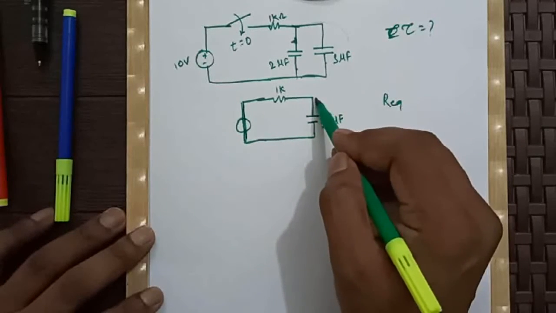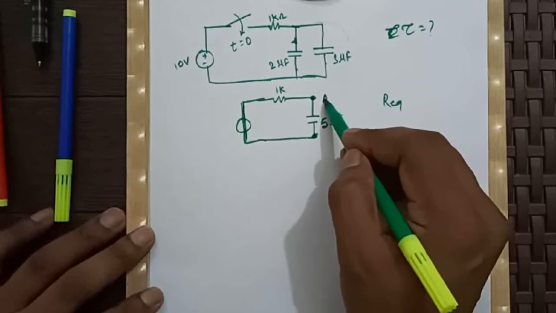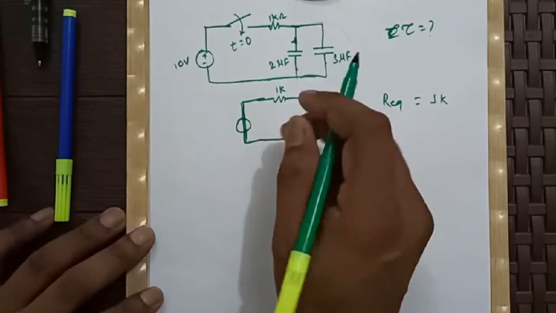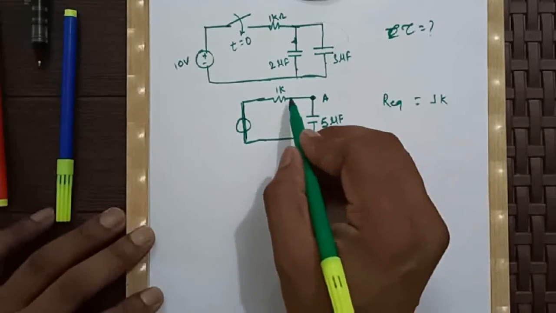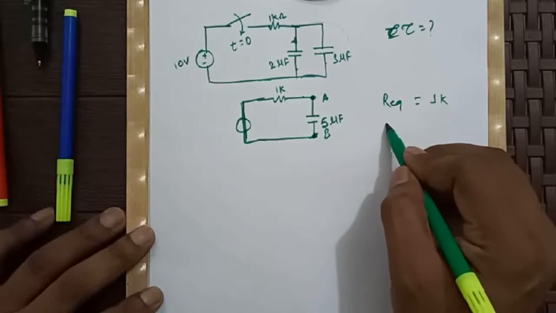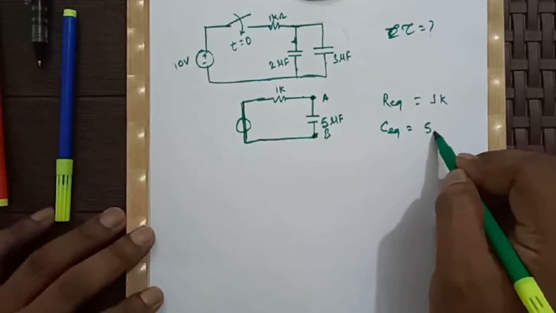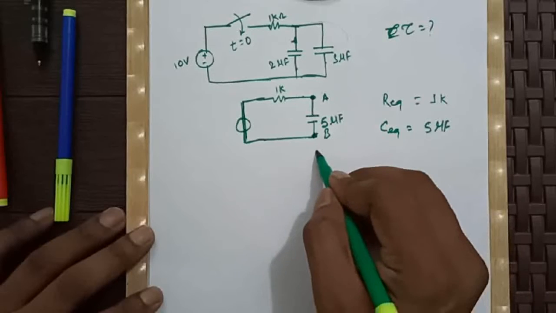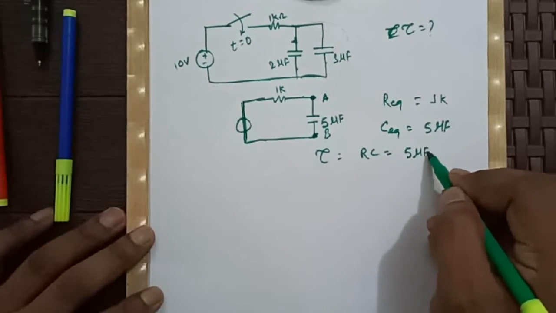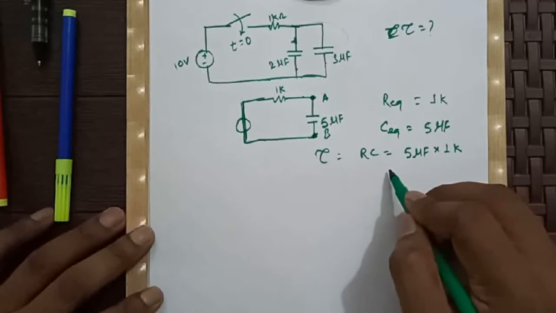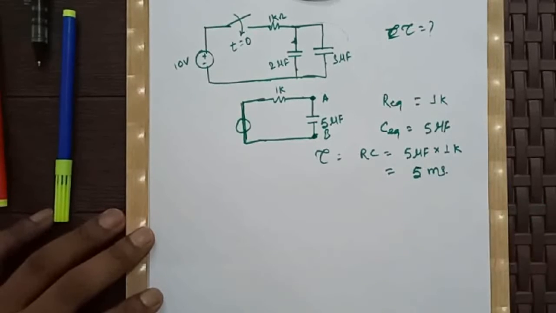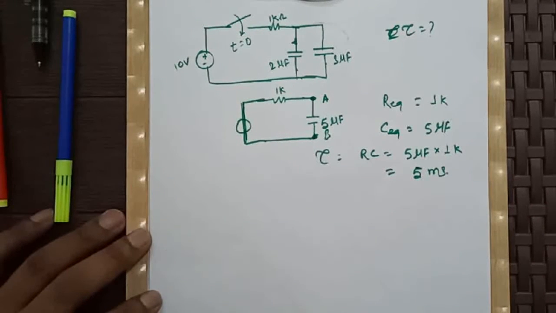So across these two terminals A and B, R equivalent will be 1K, and C equivalent is 5 microfarad. So our tau equal to RC means 5 microfarad into 1K, which will be 5 millisecond.